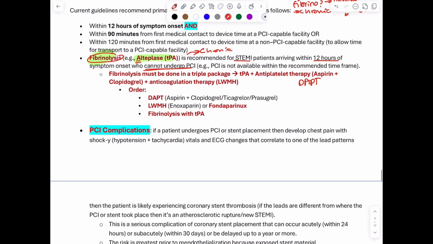You give them that. You also give them low molecular weight heparin instead of the unfractionated heparin, right? And alteplase. So you give them 3 meds to fibrinolyze them, okay?